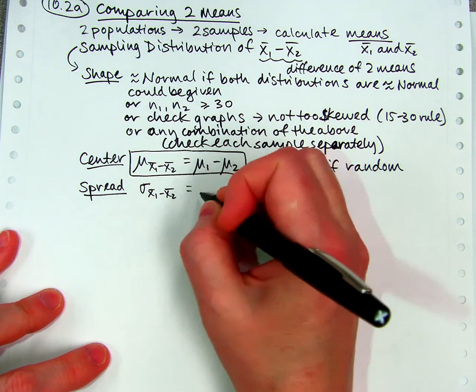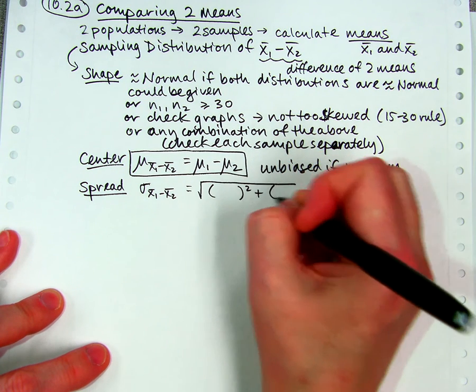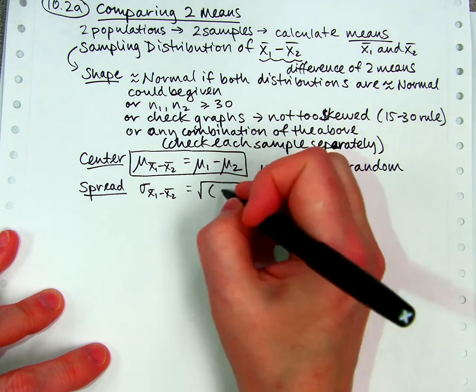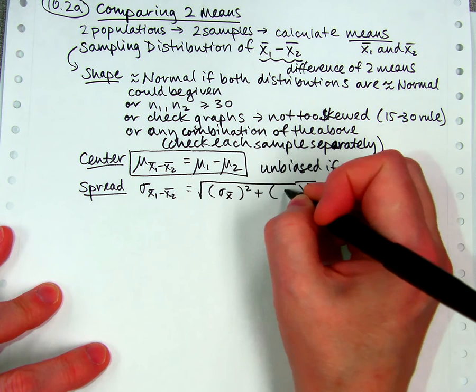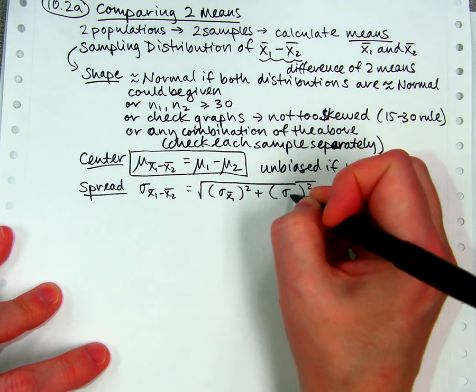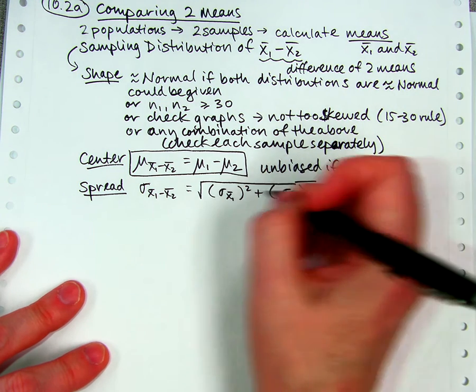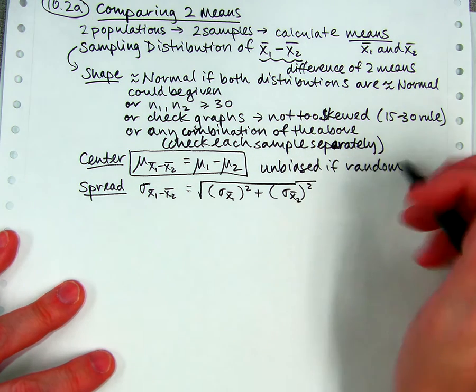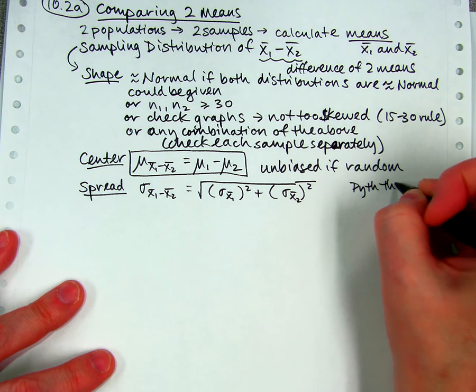You can use the Pythagorean Theorem thing. So we can do this thing with the two standard deviations. Actually, not the populations, but the sampling distribution of x1 bar compared to the sampling distribution of x2 bar. Those two standard deviations can be combined with the Pythagorean theorem.